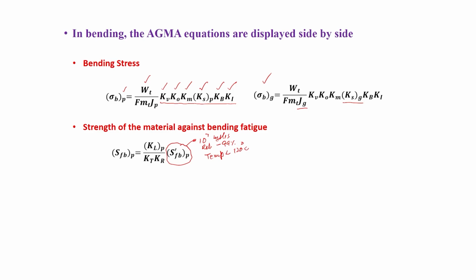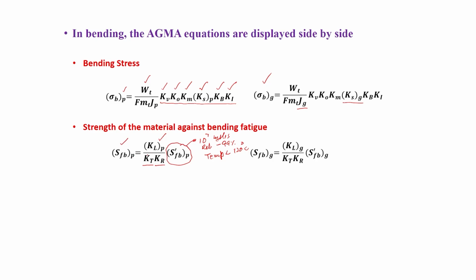Now, if you want to design your gear for life other than 10 to the power 7 number of cycles, reliability other than 99%, temperature more than 120 degrees centigrade, then this bending fatigue strength should be corrected by multiplying it by the life correction factor, dividing by the temperature factor and the reliability factor. And so, the corrected bending fatigue strength for the pinion material is given by this one.